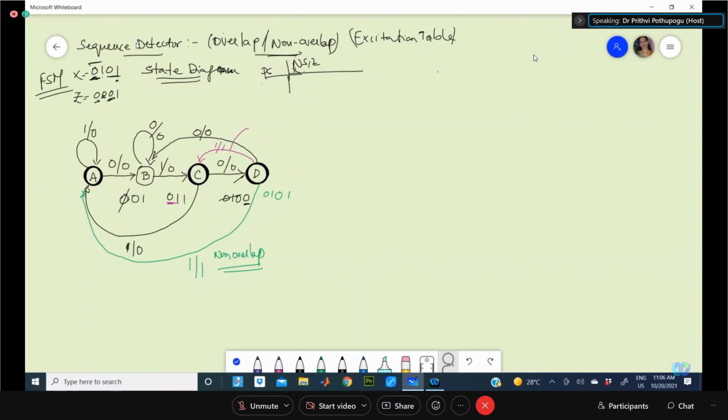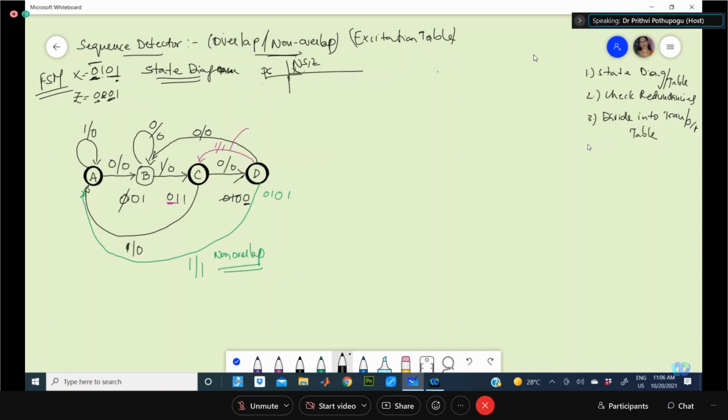Next, after state assignment, determine what type of memory has to be used. Deriving the state diagram or table. From that, check for redundancies. Next, divide into transition and output table.